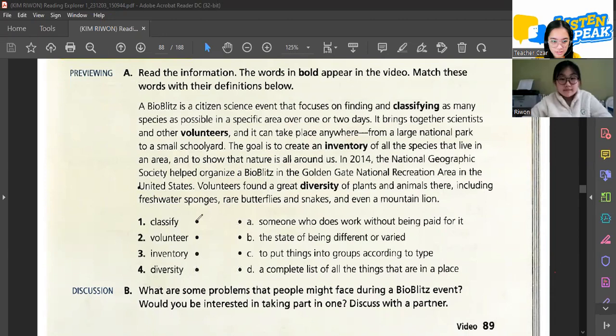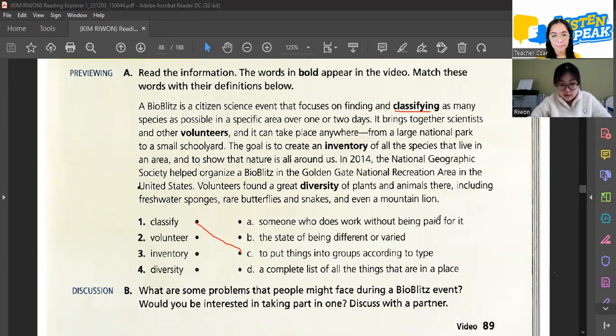Yes, very good. That's the one. So as you can see here in the phrase, classifying as many species as possible, species are those different types of organisms that live in a place. Okay, very good. How about number two?